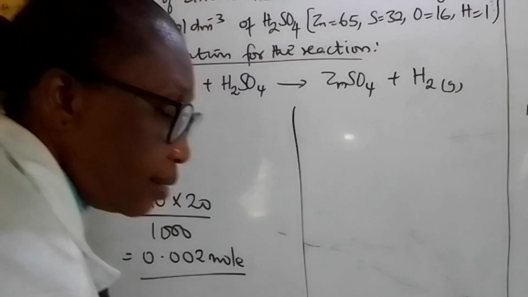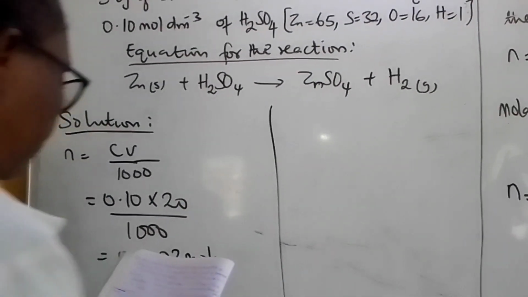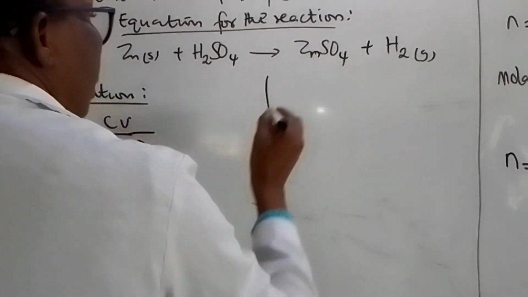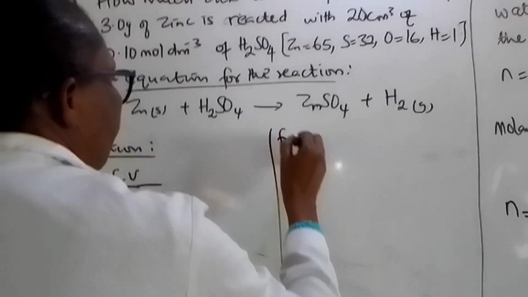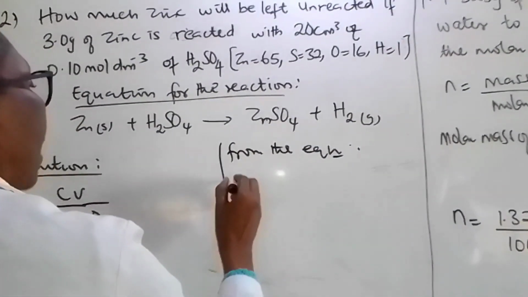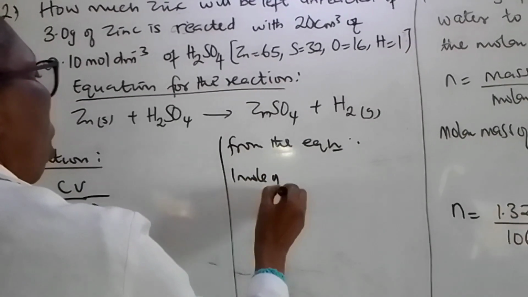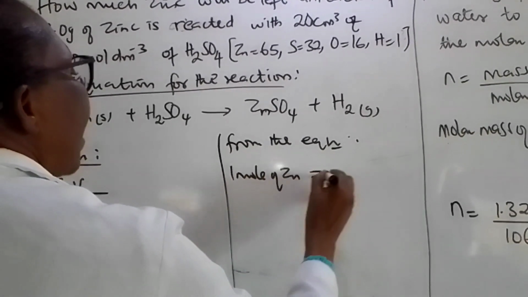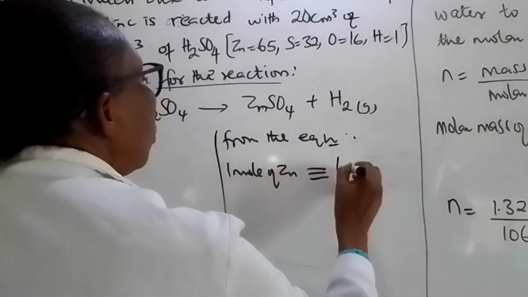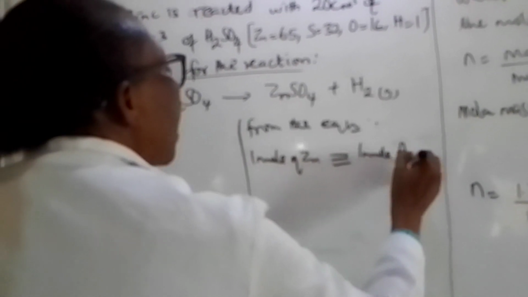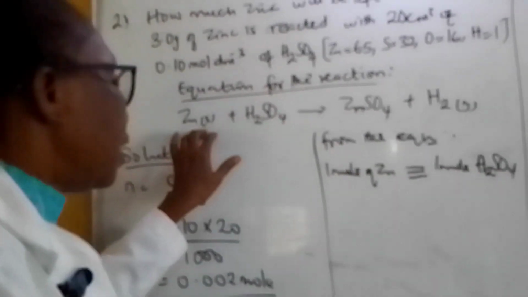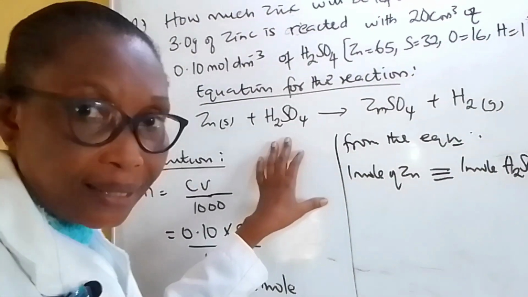Now from the equation, we have that 1 mole of zinc reacts with 1 mole of the acid H2SO4. The equation is telling us that 1 mole of zinc reacts with 1 mole of the acid.